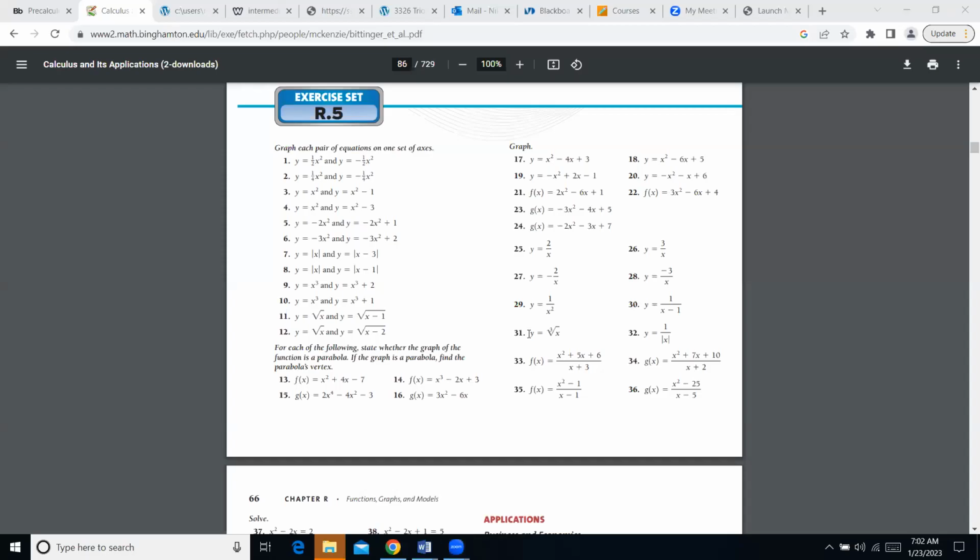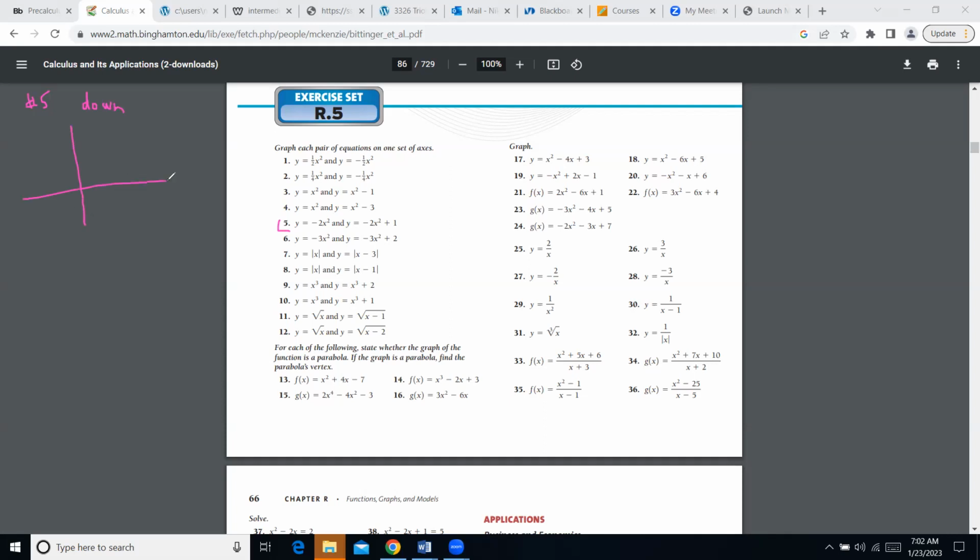So I'm going to record this. In exercise number 5, where we have parabolas, they definitely open down because of the negative in front of the x squared term.